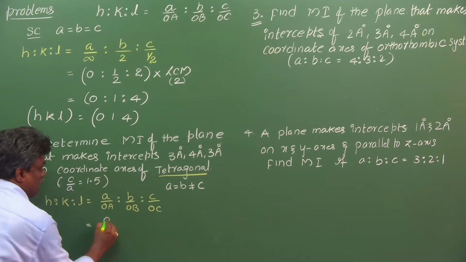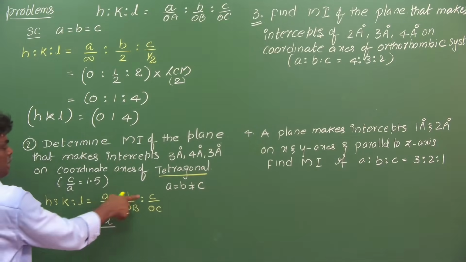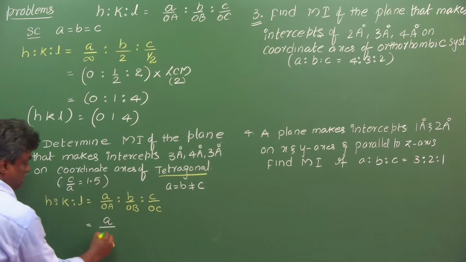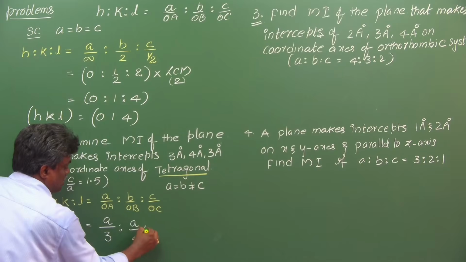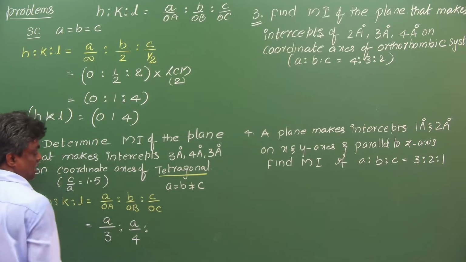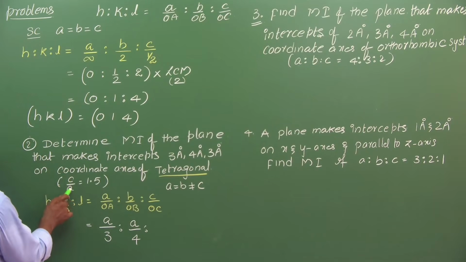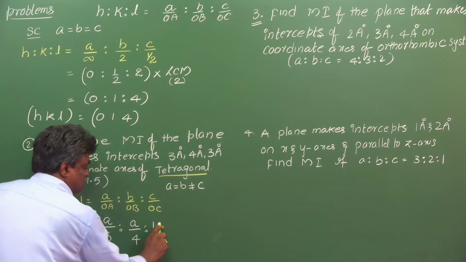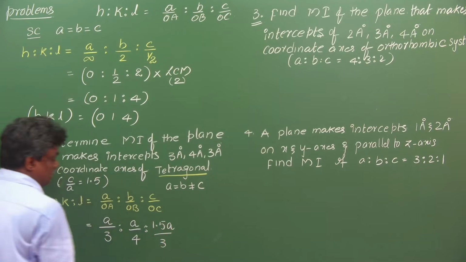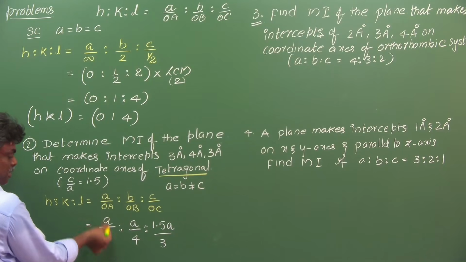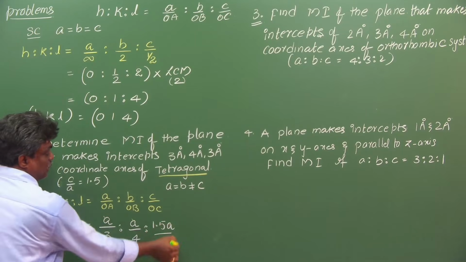That's why I am taking a for a, b also I will take a. a by 3 is to a by 4 is to, but unfortunately c is not equal to a, they have given c equal to 1.5a. That's why I will write 1.5a by 3. This is the advantage, if you are taking the ratio, you need not consider the a's.